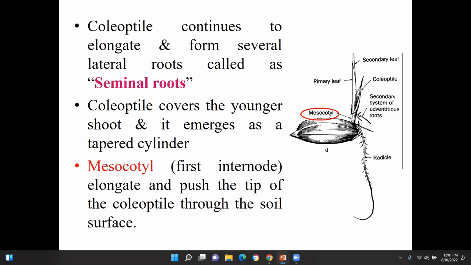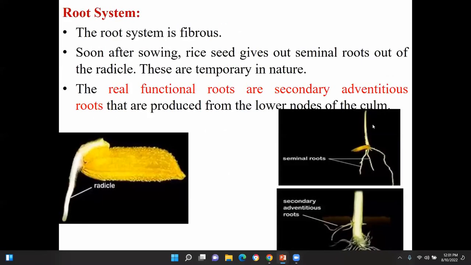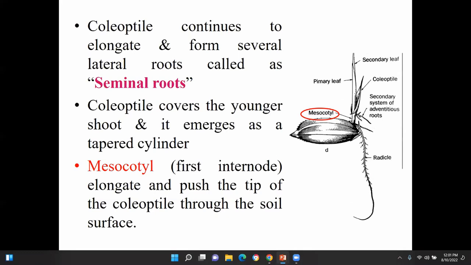Then the coleoptile covers the youngest shoot and emerges as a tapered cylinder. Some roots will develop from the coleoptile.